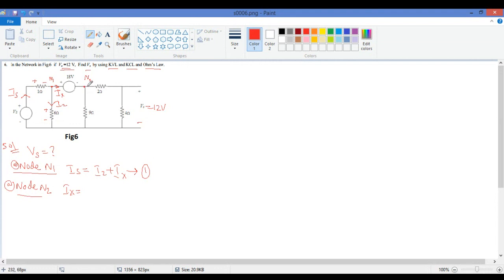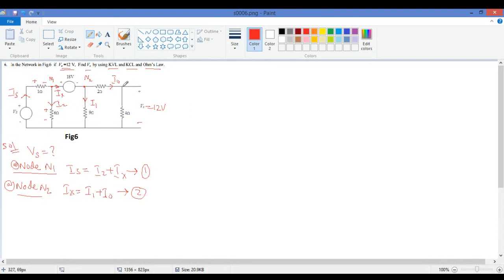Let me call the current which is going in this one I naught, and the current which is going here is I1, for example. So at node 2, Ix is nothing but I1 plus I naught. I will call it equation 2.